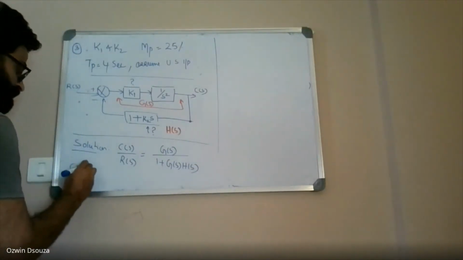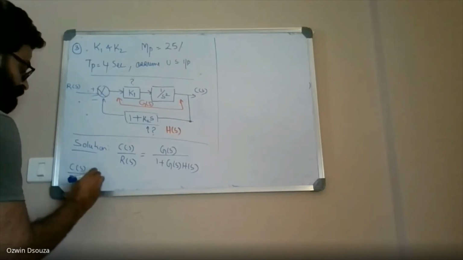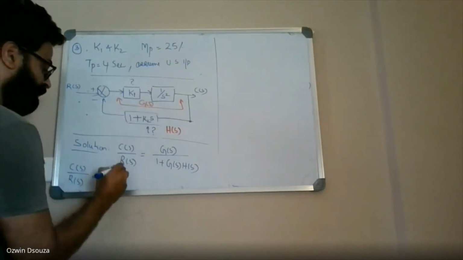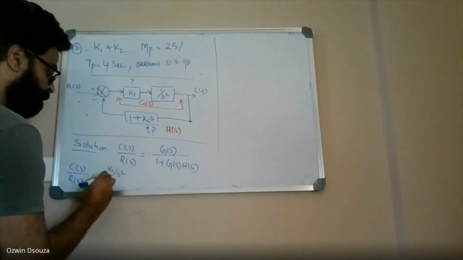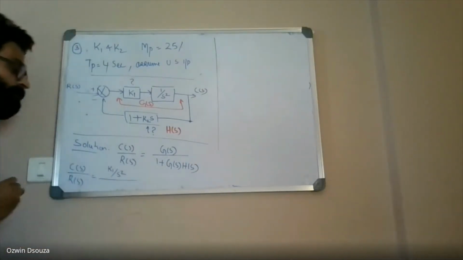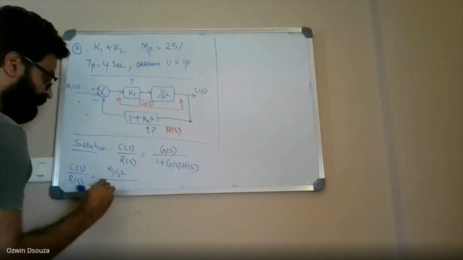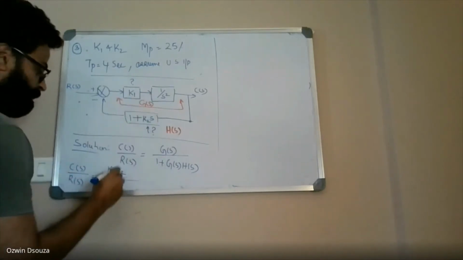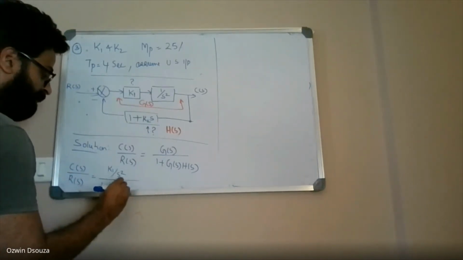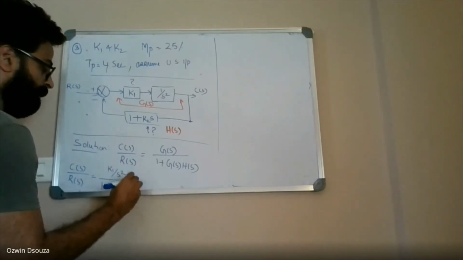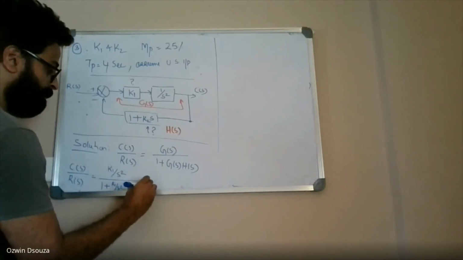So g of s is k1 divided by s square, right? K1 divided by s square as your g of s, divided by 1 plus g into h. So the numerator is k1 by s square, into 1 plus k2s.